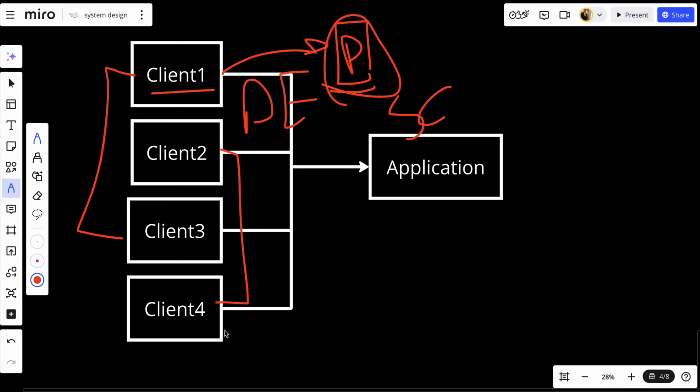However, let's assume client 4 is in France and it's connected to a France data center. So it might not have the ability to read the same updated P as the latest version, because it might have some sort of delay.